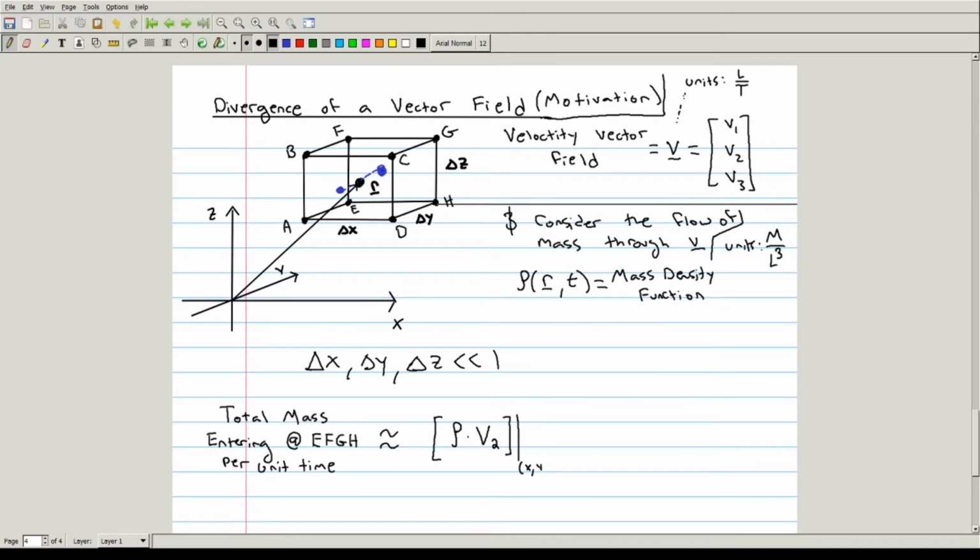So this is exactly the point x, y plus delta y over 2, z, times the area of this face, which is delta x times delta z.